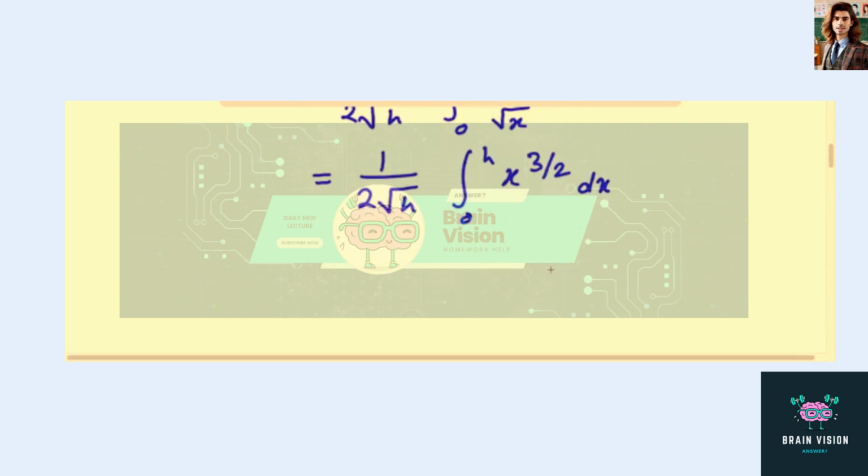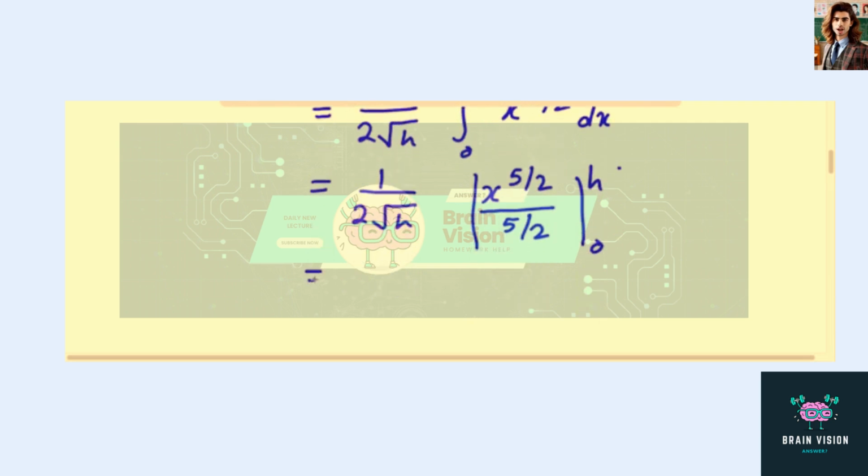The integration of this is x power 5 by 2 divided by 5 by 2, and the integration limits are 0 to h.